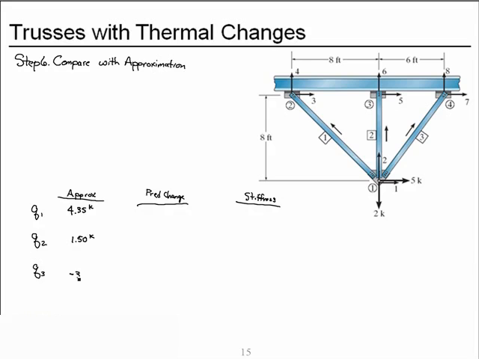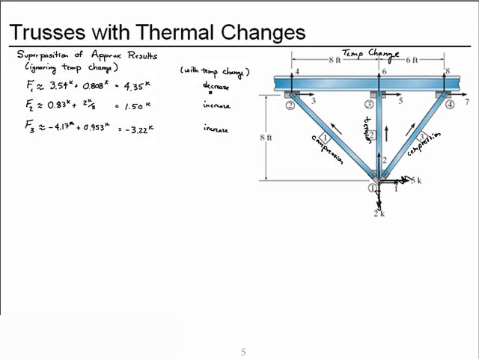And a minus 3.22 kips, which is compression. Then our predicted change, we said that our prediction for member 1 would decrease, but for members 2 and 3, their magnitudes would increase. Member 2, more tension. Member 3, more compression.